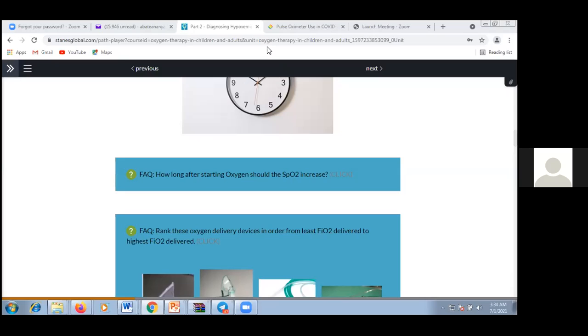The question is very important because all of us will just administer oxygen and want to see a change in saturation of oxygen. So within how many seconds or minutes are we expecting a change to occur? Here, there are two concepts.